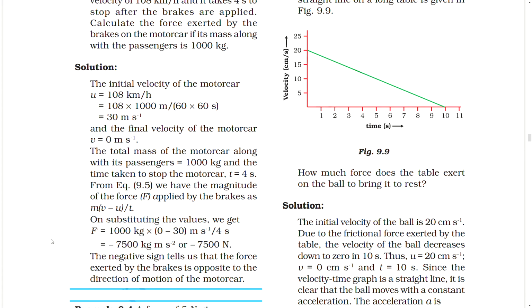On substituting the values we get F equal to 1000 kg into 0 minus 30 meter per second per 4 second equal to minus 7500 kg meter per second square or minus 7500 Newton. The negative sign tells us that the force exerted by the brakes is opposite to the direction of motion of the motor car.